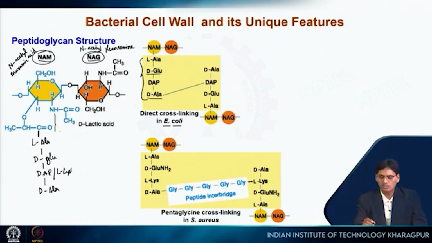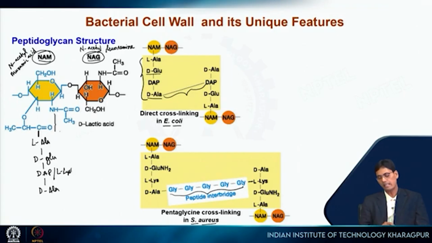Now the cross-linking between one short peptide and another short peptide is very important. As you can see, this is direct cross-linking in case of E. coli. But in some other bacteria like Staphylococcus aureus, pentaglycine, five glycines, help in this cross-linking process.